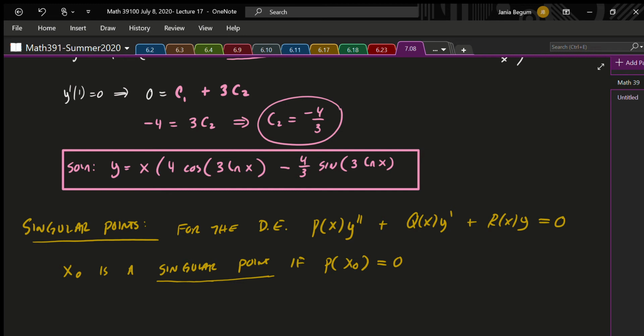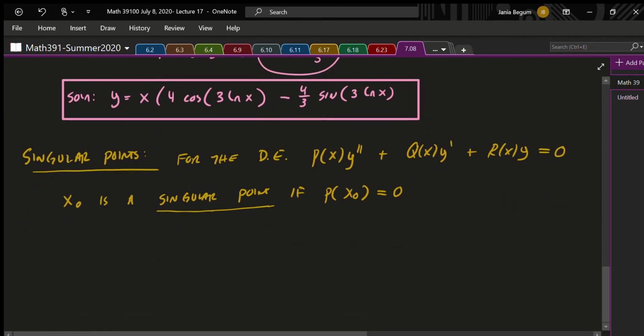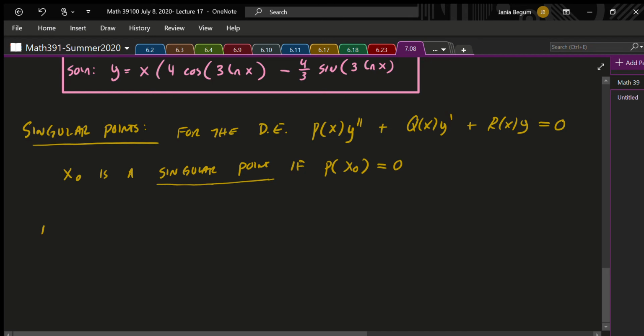Now let's classify it. We're going to classify it as a regular singular point. So what's a regular singular point? So we're going to classify this by limit definition. So we're going to take the limit of the following functions, okay? So we take two limits.